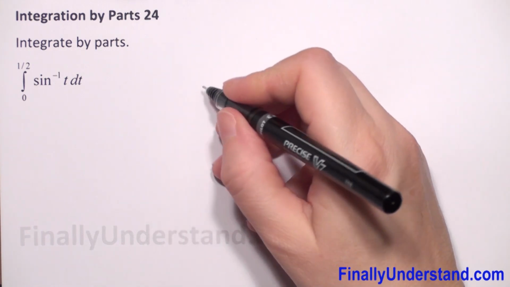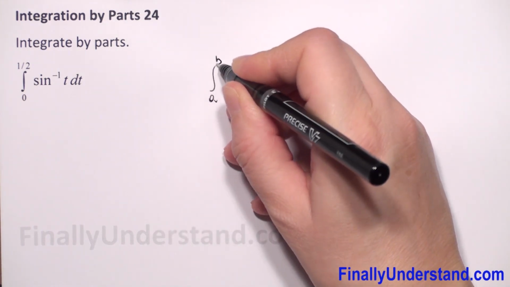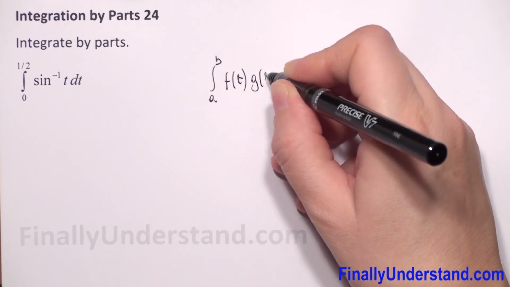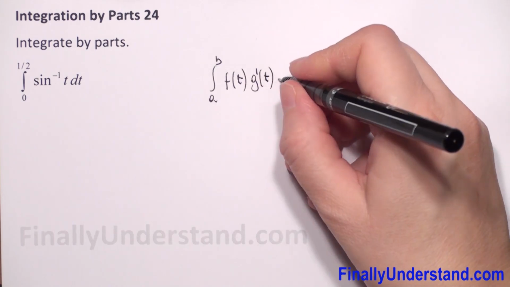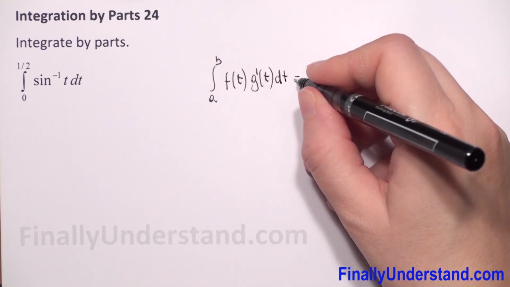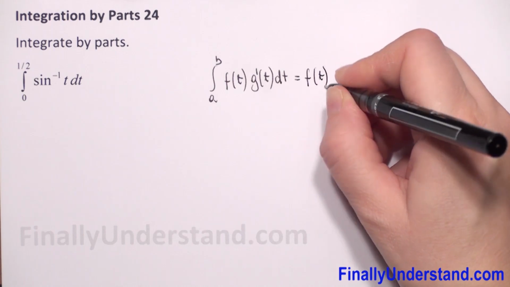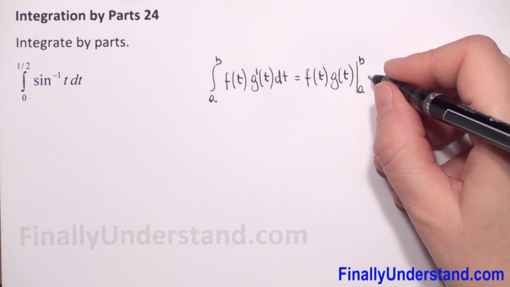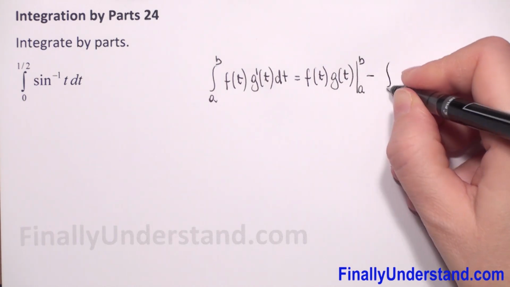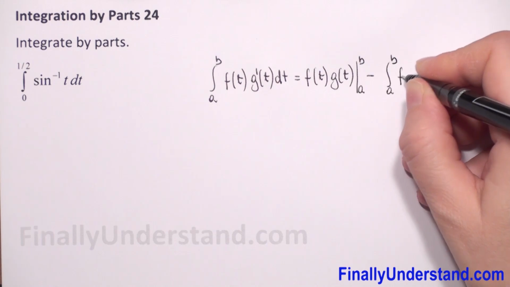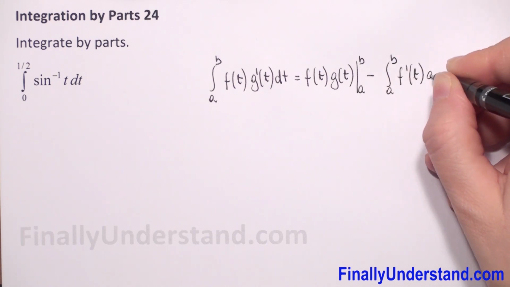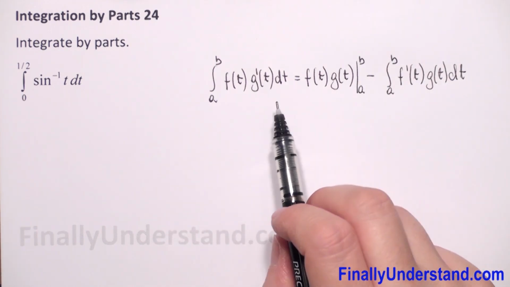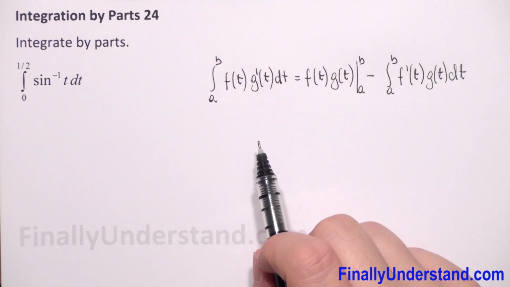For a definite integral, when we have the integral from a to b of f of t times g prime of t with respect to t, this is equal to f of t times g of t, limits from a to b, minus the integral from a to b of f prime of t, g of t with respect to t. The functions f prime and g prime must be continuous.